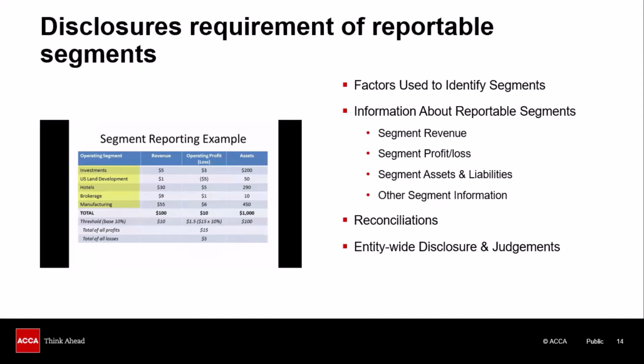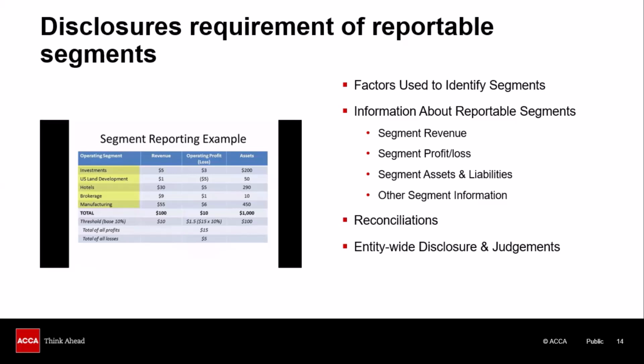Then you also need the information about reportable segments, the revenue, the profit or loss, assets and liabilities, other segment information. And there are obviously going to be reconciliations and also entity-wide disclosures in some of the judgments. Because in the standards, there are going to be lots of areas where judgment is going to be used. So you need to disclose that.